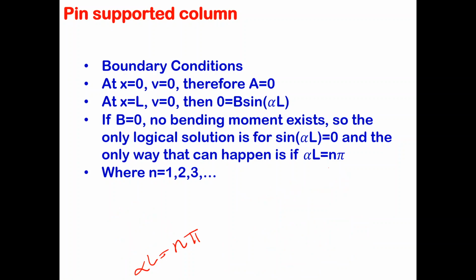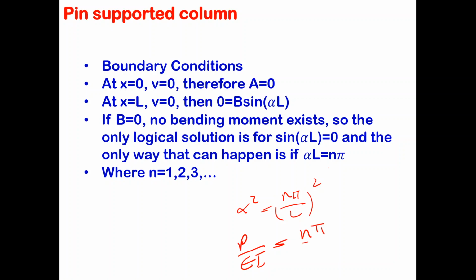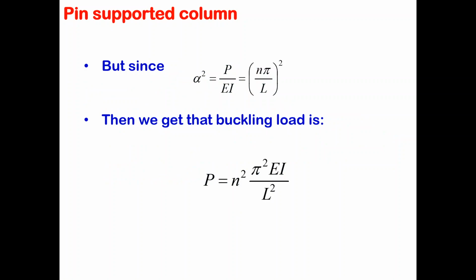We can take this to the power 2, and alpha squared is P over EI, which equals n pi over L squared.